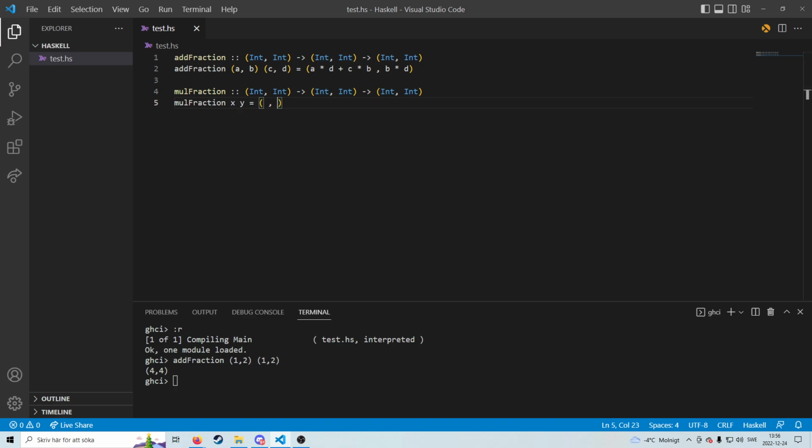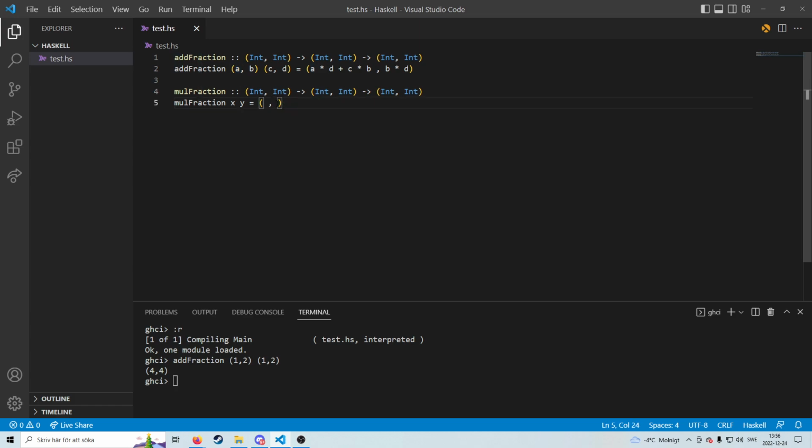When we multiply a fraction together, what do we do? We just multiply both sides, right? That's simple enough. But I don't have the elements, but there are 2 built-in functions, first and second, okay? And this will take the first element of a tuple and the second element of a tuple.